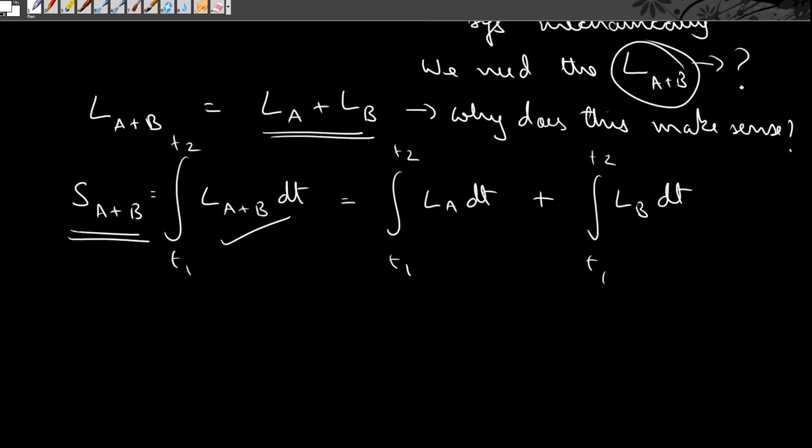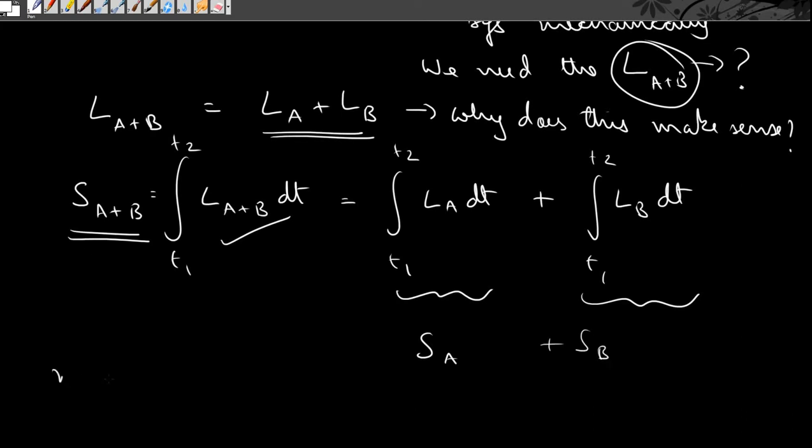So when we minimize S_(A+B), we naturally have to minimize this quantity as well as this quantity, which leads to the corresponding equations of motion. So this gives S_A plus S_B.